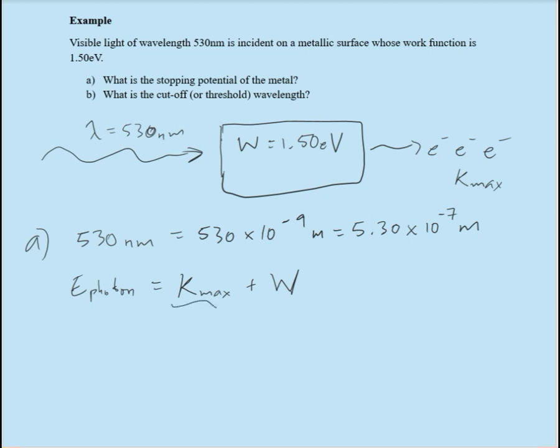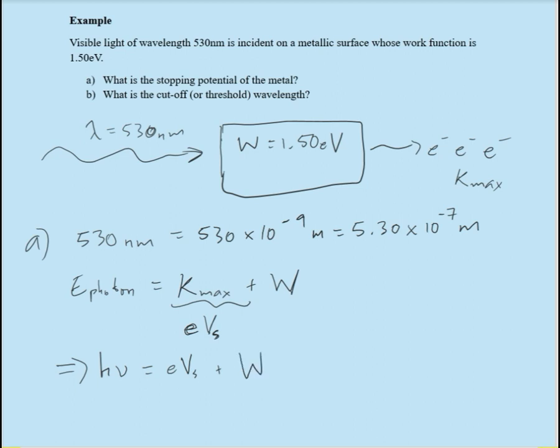Now this guy over here is the charge of the electron times the voltage, and it will be the stopping potential. So we're going to ultimately solve for the stopping potential. So if we rearrange here, we know that the energy of the photon is Planck's constant times the frequency of the radiation, and that is equal to the charge of the electron times the stopping potential plus the work function.